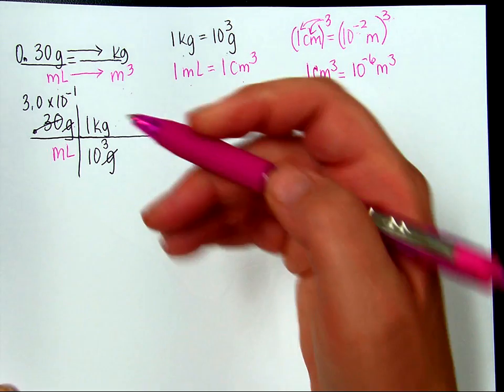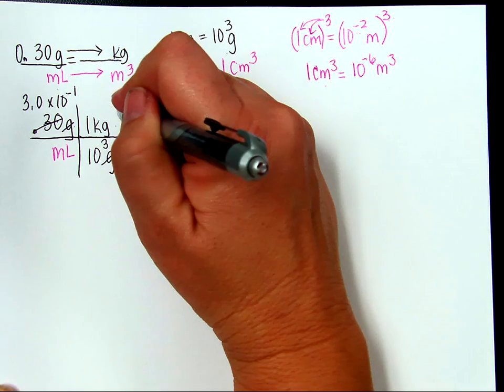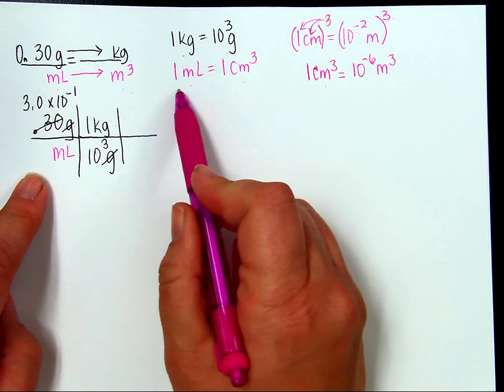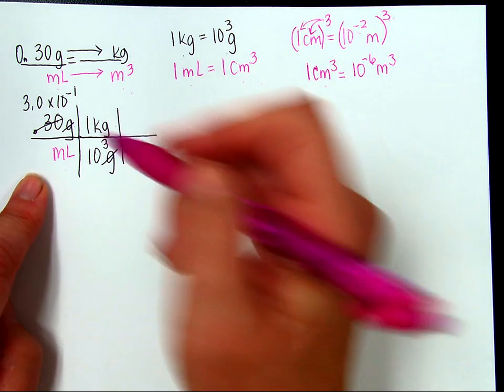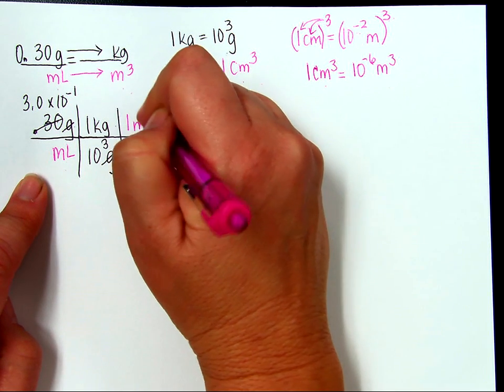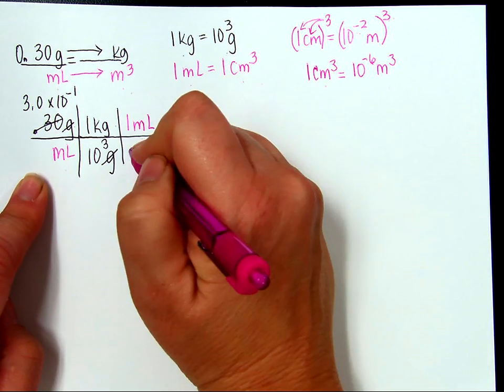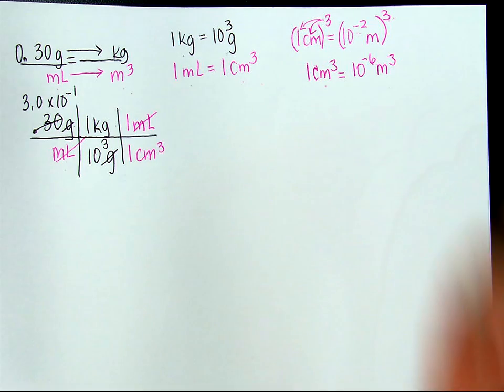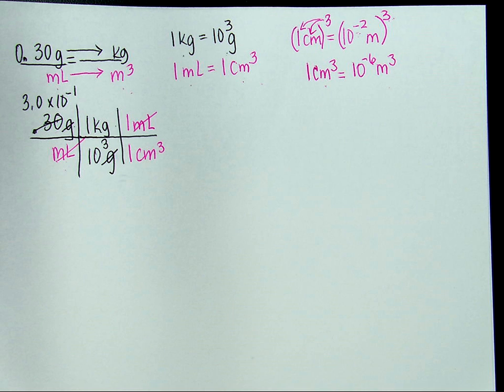It's time to focus on the denominator. If I have milliliters downstairs, I'm going to look at my relationship. I want to put milliliters upstairs. And right below it, we'll go 1 centimeter cubed. A lot of times students ask, do I have to write that relationship? And the answer is, right now, you need to show evidence that you understand what the relationship is between milliliters and centimeters cubed. So the answer is yes, you need to write it.